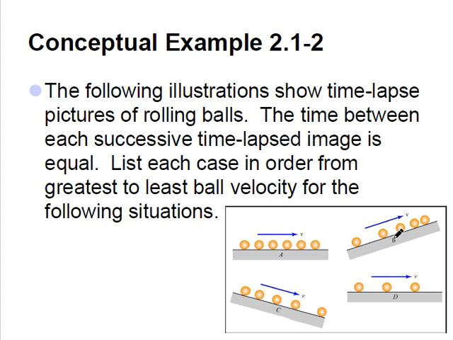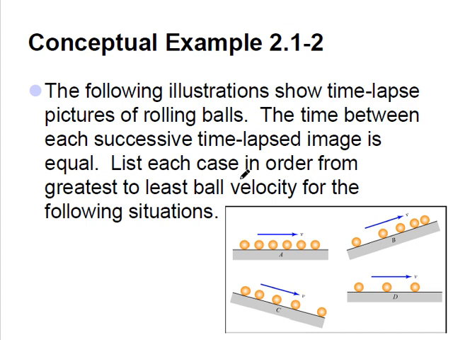There are 4 cases here: A, B, C, and D. The time between each successive time-lapse image is equal. So we've got time-based pictures of rolling balls, and our task is to rank them based on their velocity, from greatest to least.